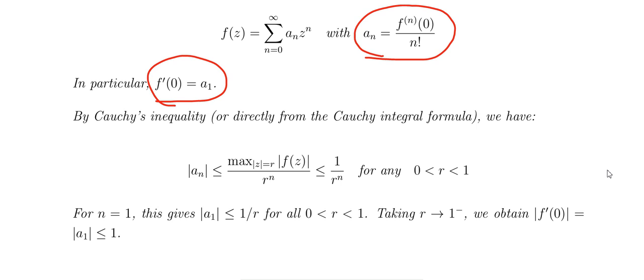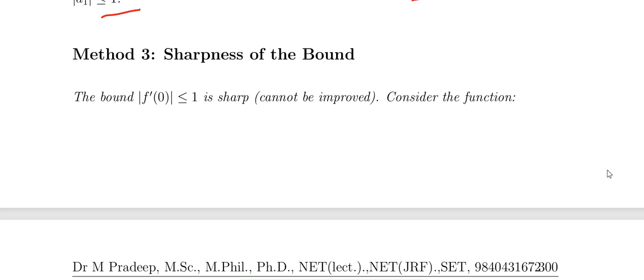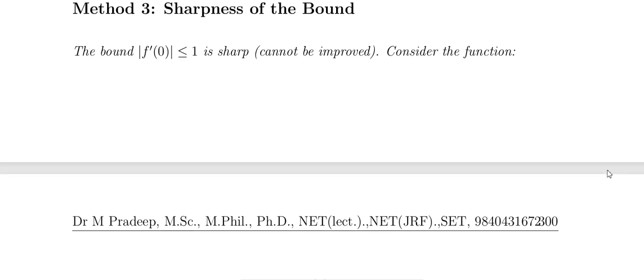So since mod z equal to r, that is less than or equal to 1 by r power n. So for n equal to 1, mod of a1 is less than or equal to 1 by r. As r tends to 1 minus, mod of f dash of 0 is less than or equal to 1. Okay, the first one is the best, that is the bound mod of f dash of 0 less than or equal to 1.